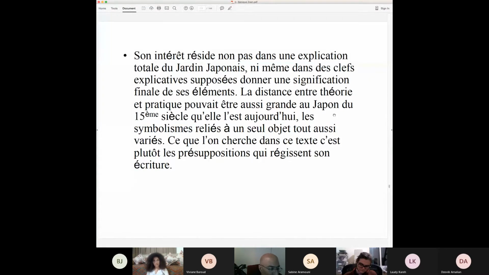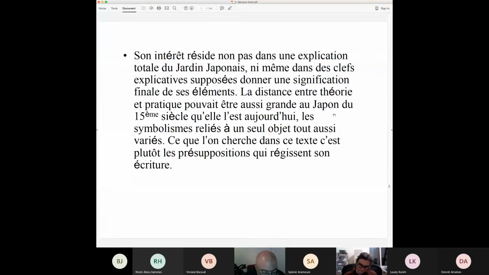And the symbolism attributed to trees, the symbolism attributed to stones, the symbolism attributed to plants, that could change. That's not the issue here. Rather, what we are trying to understand in this text are its presuppositions.